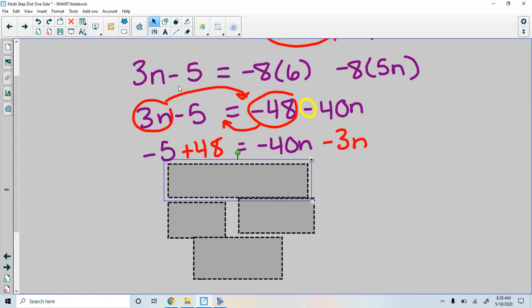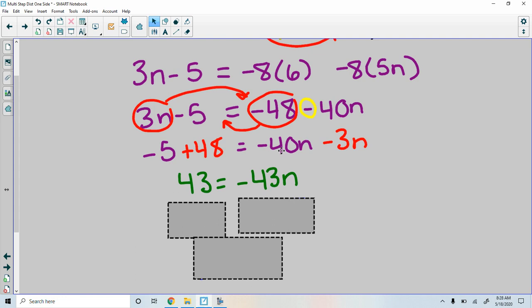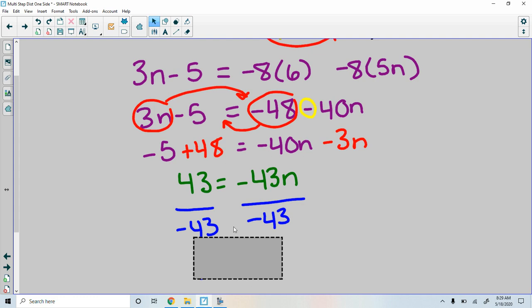Negative 5 and positive 48 make positive 43. Negative 40n and negative 3n, I can just put the numbers together to get negative 43n. And now I'm going to divide both sides by negative 43. Those make 1, and I get n. 43 divided by negative 43 is negative 1.